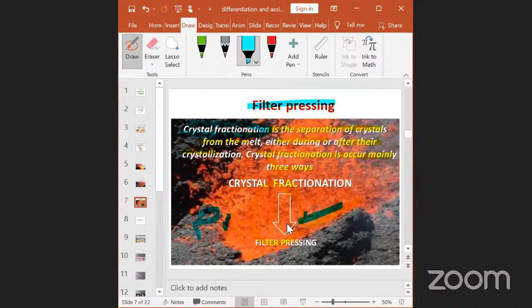As crystals grow and accumulate in a magmatic body, a crystal mesh may be formed, with the remaining liquid distributed in the interstices. So this is filter pressing.